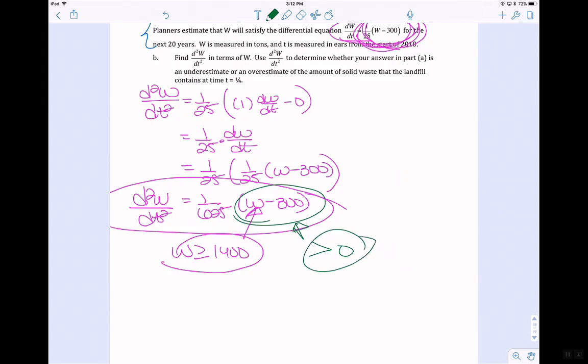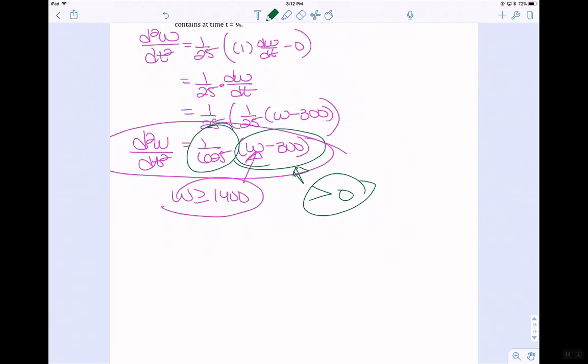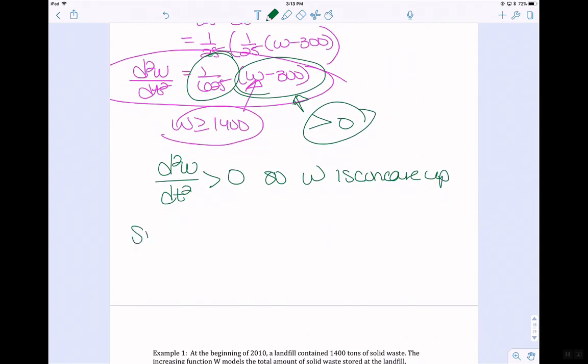So something that's bigger than 0 times 1 over 625, which is also bigger than 0, means that d squared W over dt squared is bigger than 0. So W is concave up. Okay, since d squared W over dt squared is bigger than 0, then W is concave up.